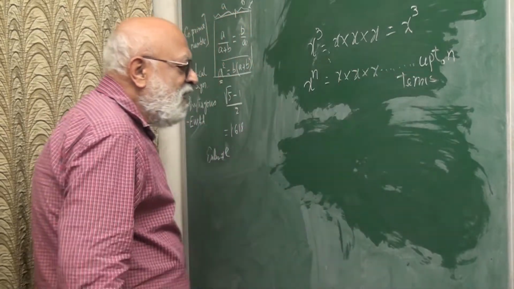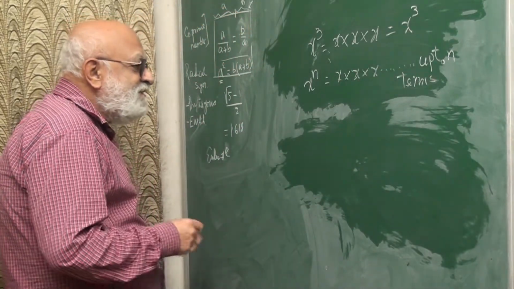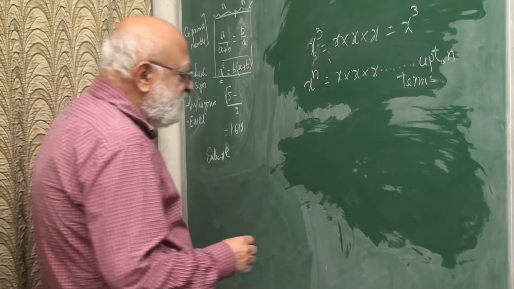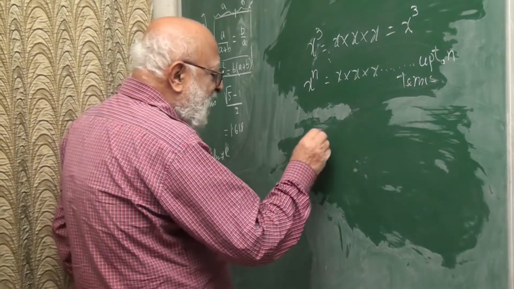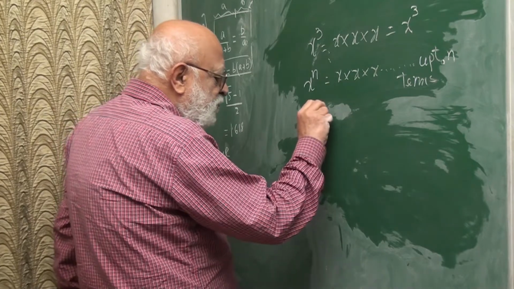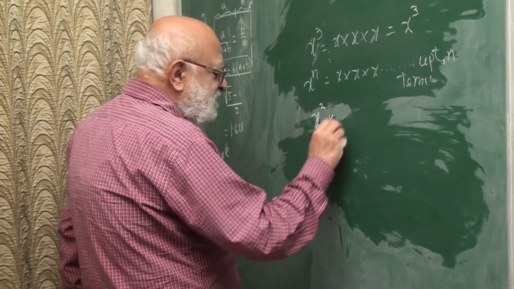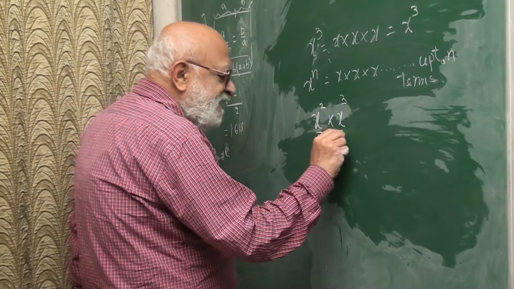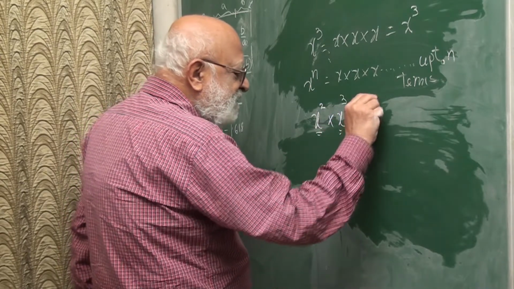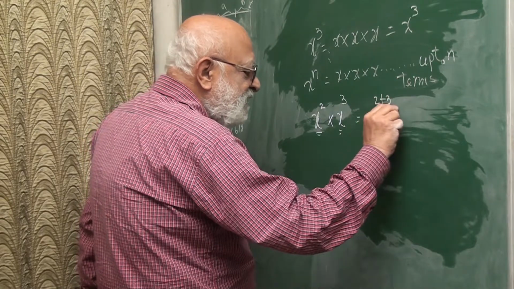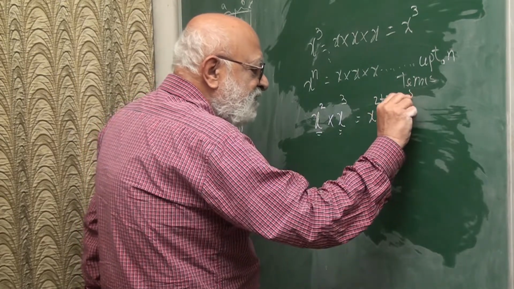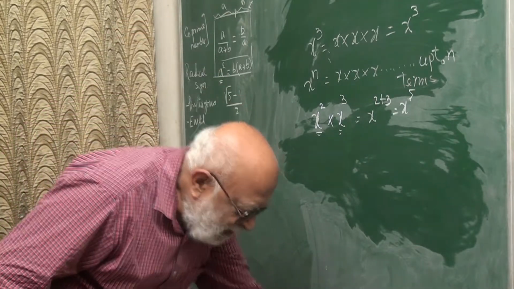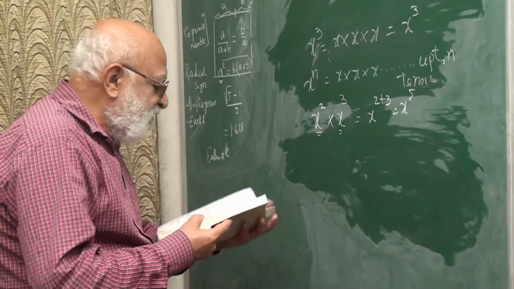Now, let's see, there are some rules and regulations regarding this. Say, for example, if I have x to the power 2 into x to the power 3. Since the base is same, then I can write x to the power 2 plus 3, that is equal to x to the power 5. There are some examples which have been given in the book.